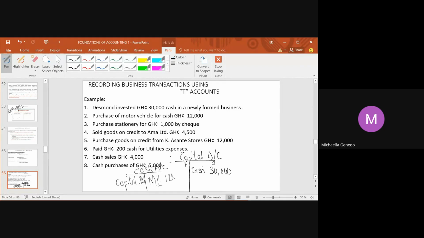So if the person invested capital 3 times, you have just one capital account and you put in all the 3 entries. So that means we will put the 30,000, the 12,000, and the 1,000 at the capital account side. I'm confusing myself.